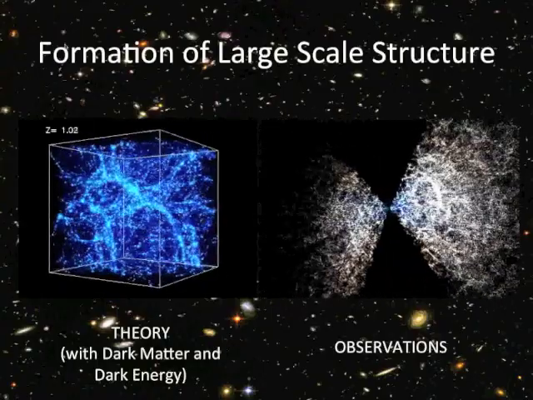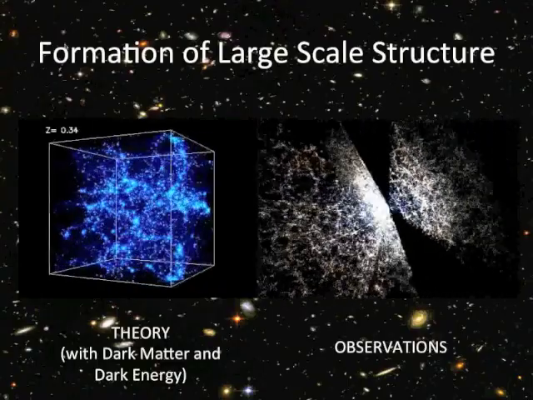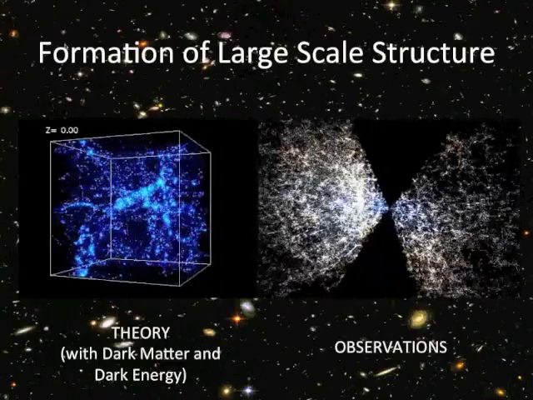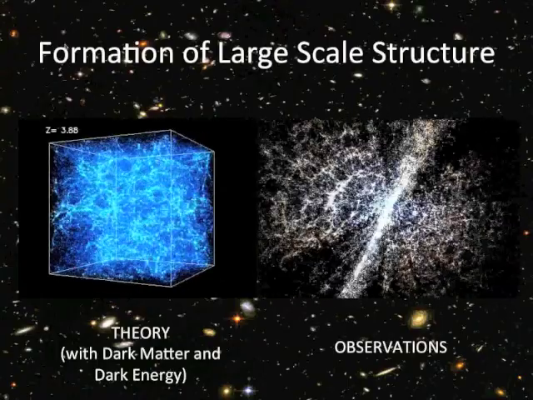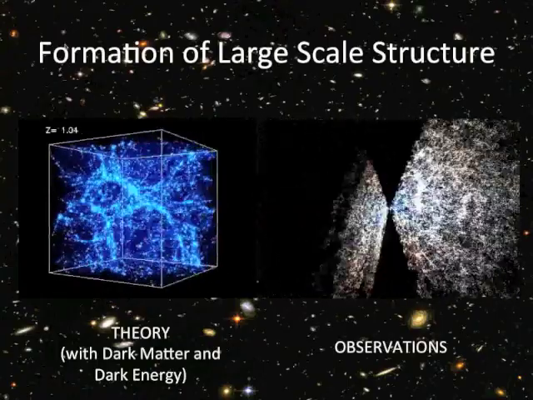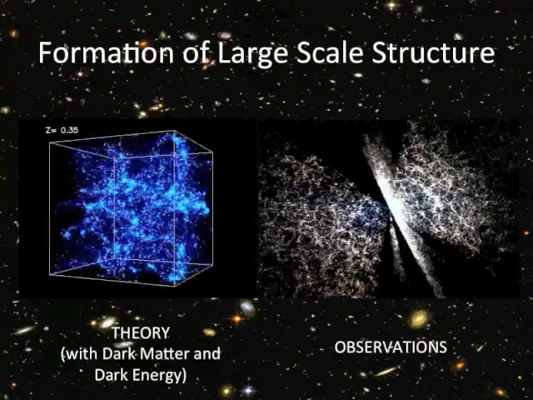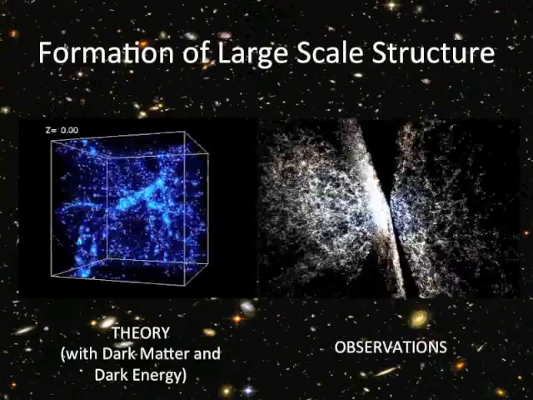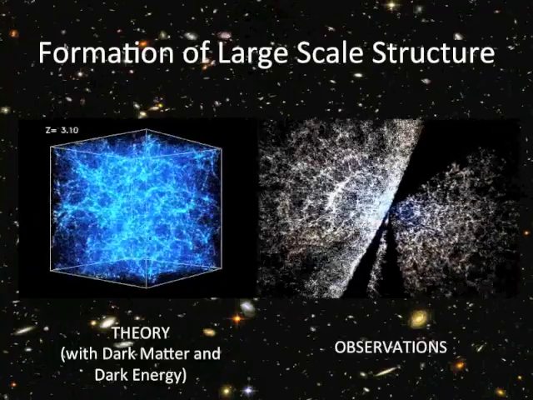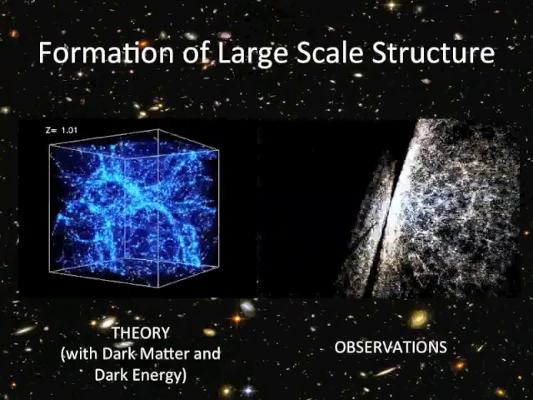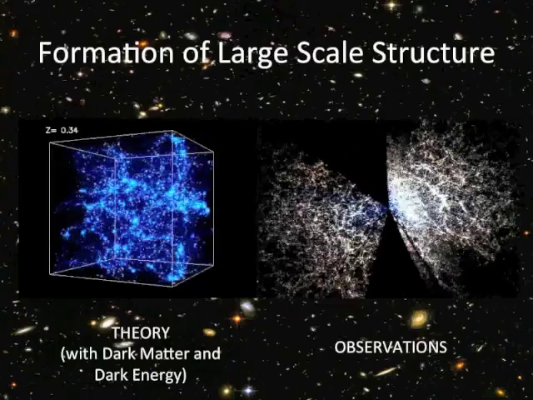Now, it's not only about explaining the distribution, but it's also about explaining how galaxies themselves form, right? Now, in this large-scale distribution, which is completely dominated by dark matter, there is a trace of normal matter in the form of gas, right?